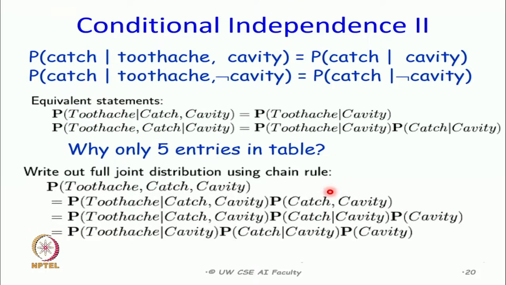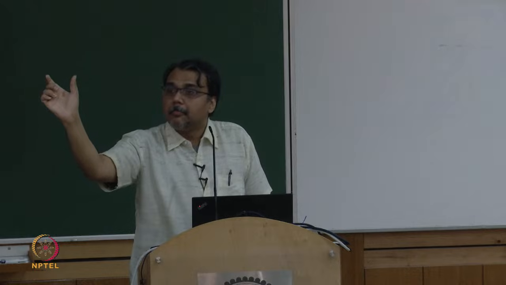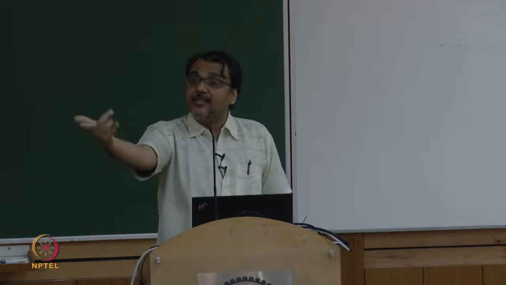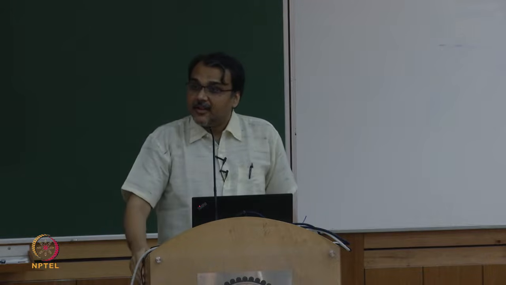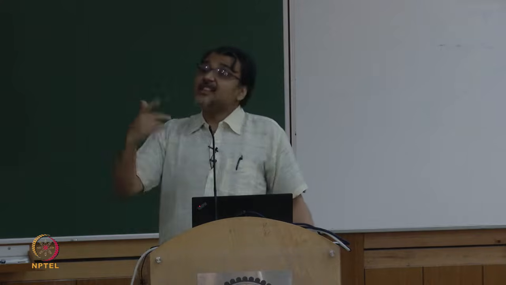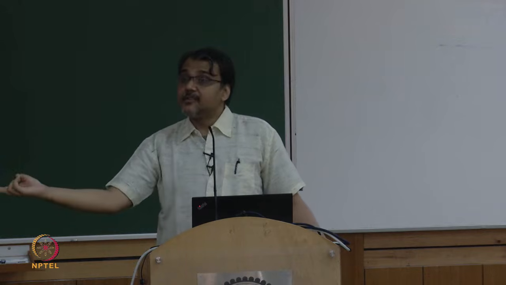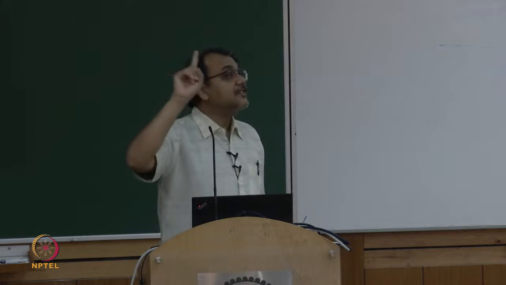How many parameters do I need to represent just probability of cavity? One. What's your name? Chinmay. Chinmay says 1. Why? Because either I can have probability of cavity or I can have probability of not cavity, but both of them sum to 1. So, we just need one parameter.